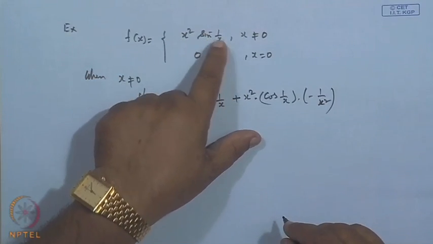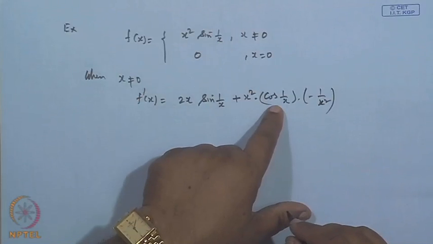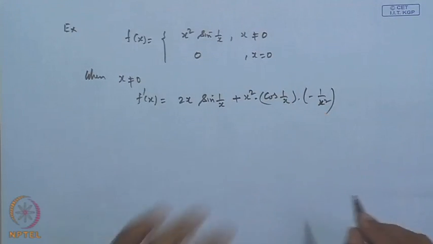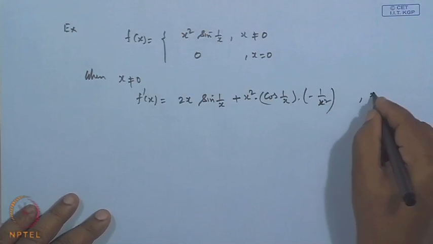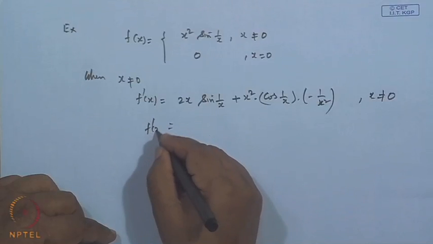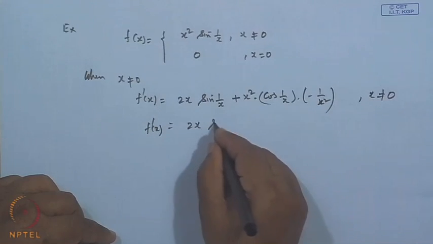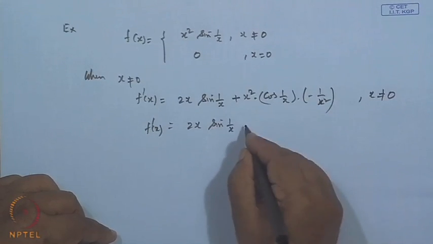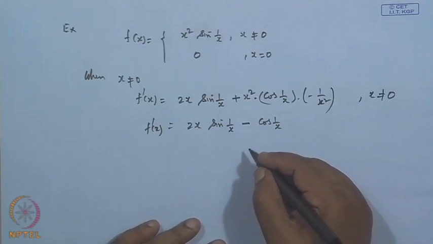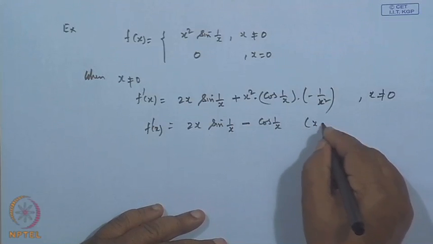The derivative of sin of the function 1 by x is cos 1 by x, but the derivative of 1 by x is minus 1 by x square. So, this holds when x is not equal to 0, that is, the derivative of the function comes out to be 2x sin 1 by x minus cos of 1 by x for x different from 0.